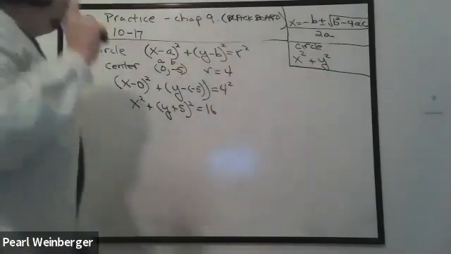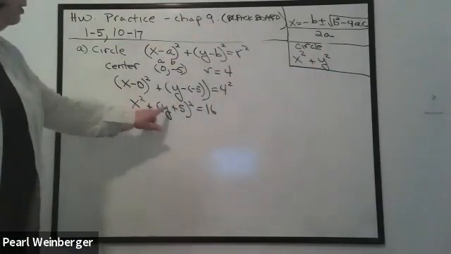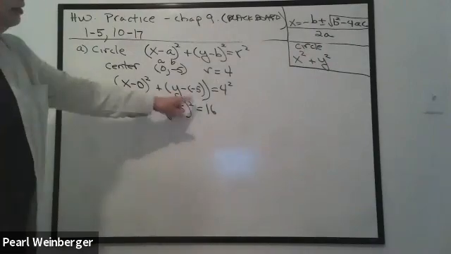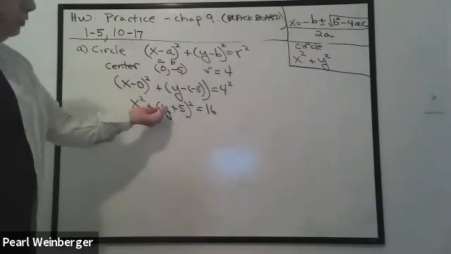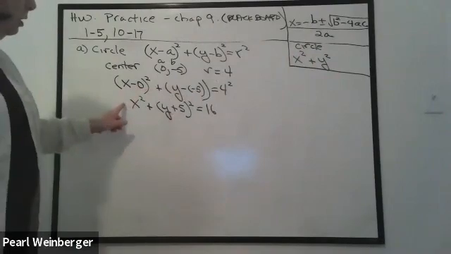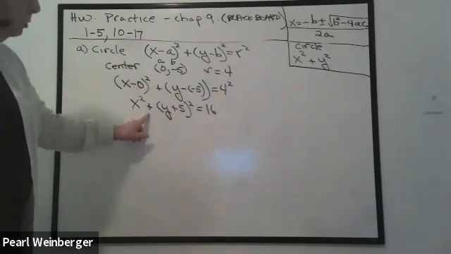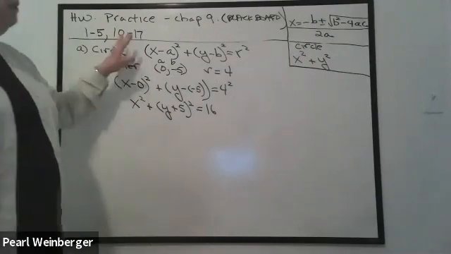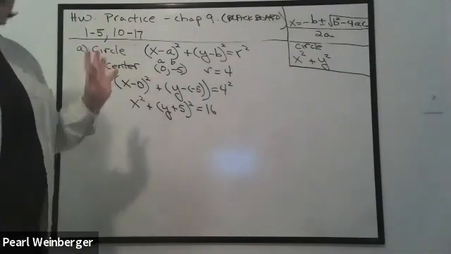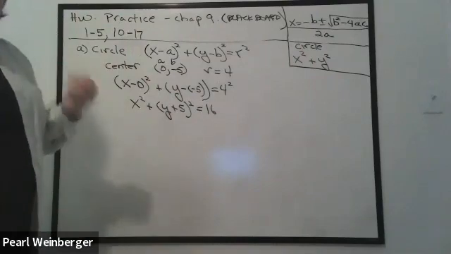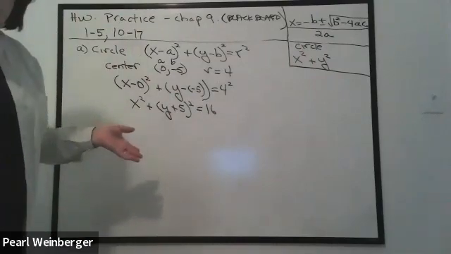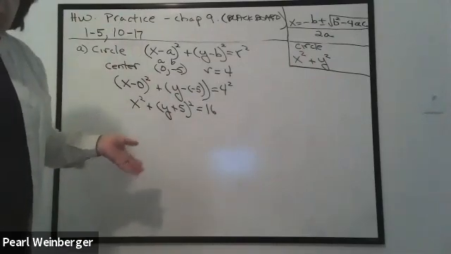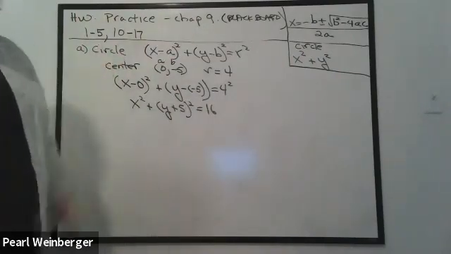And the numbers in front of the x squared and the y squared, notice this is y, it's in the parentheses, but if you would remove the parentheses, you would get y squared. So we have an x squared plus a y squared. Both of those coefficients are 1. When we're looking at an equation, we'll recognize that what we have is a circle, even if they don't tell us that, by that feature.